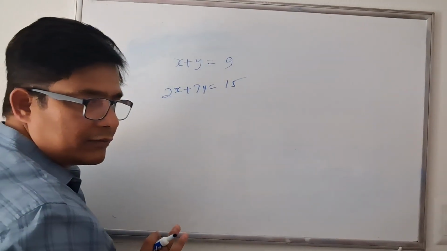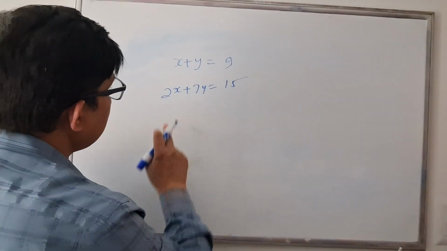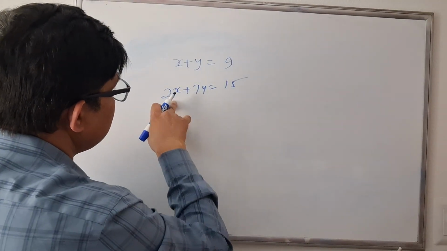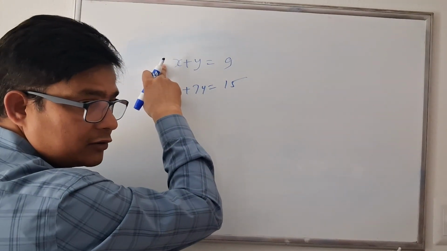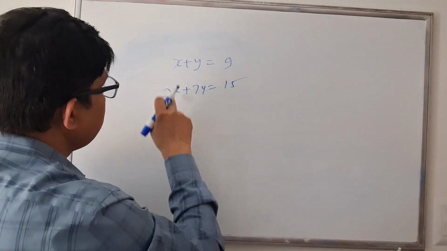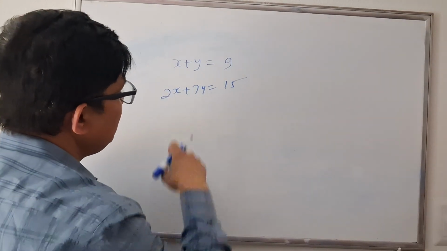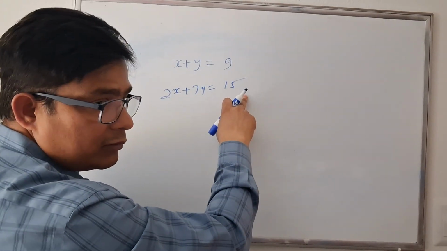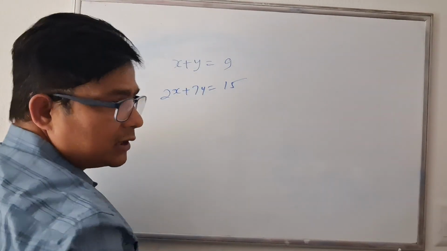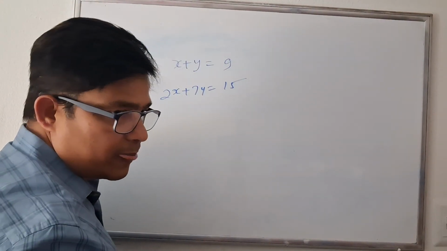So there were two approaches. One is, okay, I want to cancel out this x, so I will multiply this with 2, and then both will have 2x. I can cancel it out, and then I will be left with only y, and then I will find the value of y. I will put that value back in the equation to get the other value.